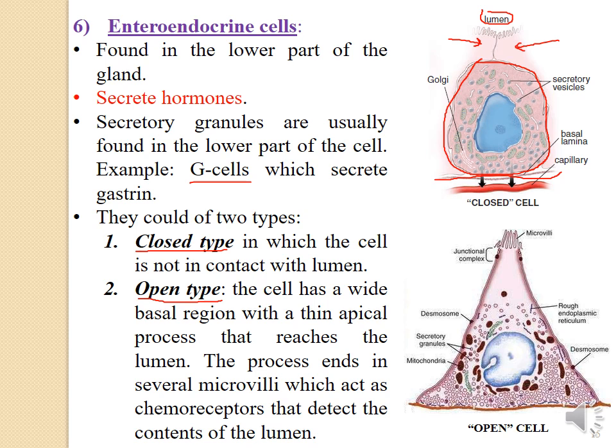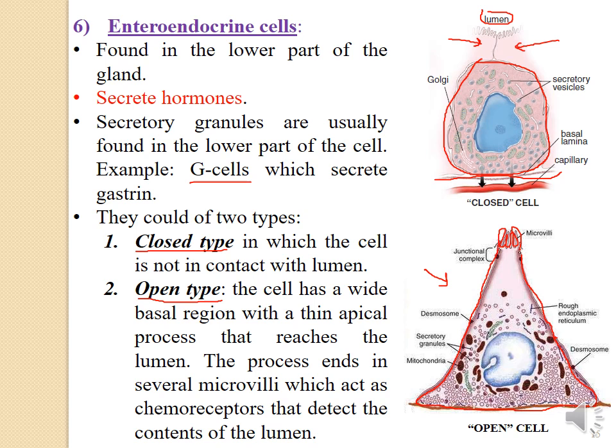The open type, on the other hand, has a wide base resting on the basal lamina, and it is here where we find most of the secretory granules. Also we have a thin apical process. This process will pass superficially until it reaches the lumen. At the tip of the process, we have several microvilli.